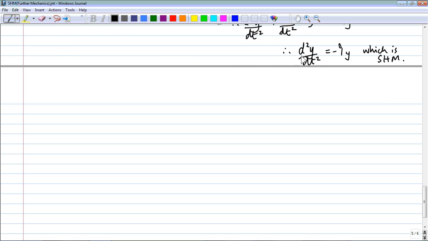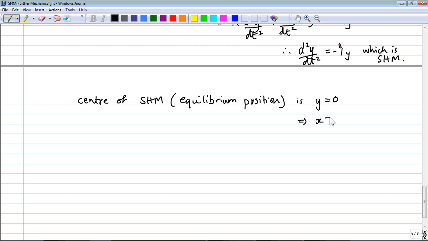From our calculation here, the center of the SHM, which is the same as the equilibrium position, is when y equals 0, which means x equals 12. So the x-coordinate of A is 12.